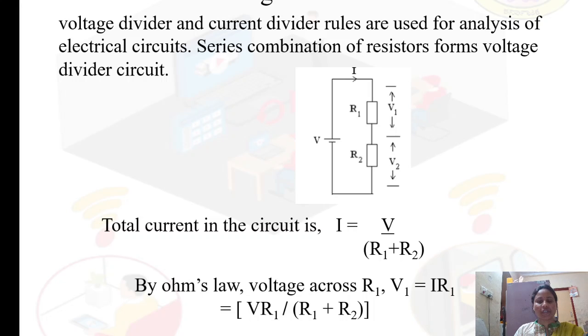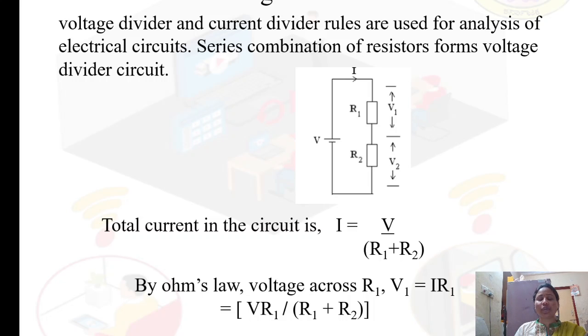In the previous session we discussed the current divider rule. Let me just recall that. Voltage divider and current divider rules are used for analysis of electrical circuits. The current divider rule is applicable for a parallel circuit, or any parallel combination of resistors can be considered as an example of the current divider rule.